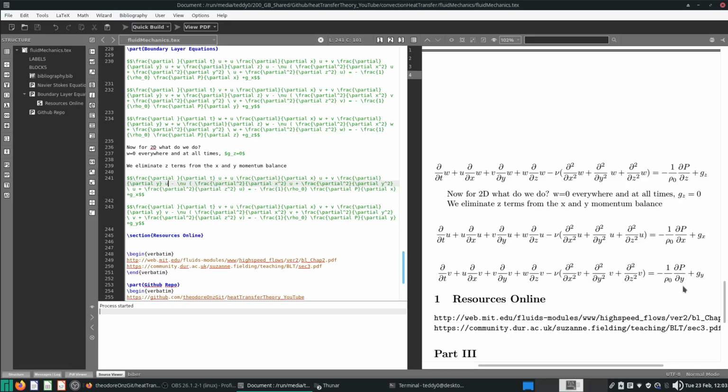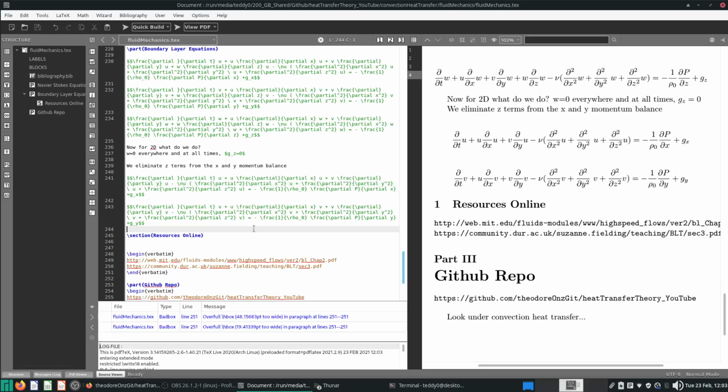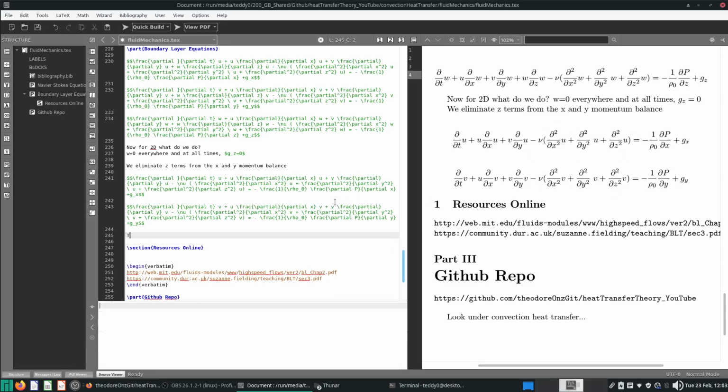What else should we cancel? The next assumption we make, okay, so we got rid of our w. We need to assume that anything with respect to z, there is no spatial variation with respect to z. Okay, no spatial variation in u and v.